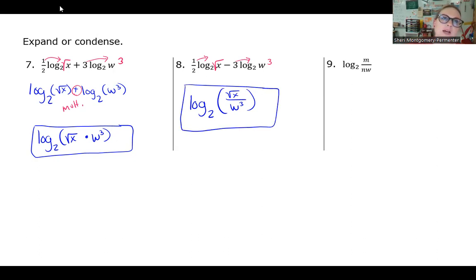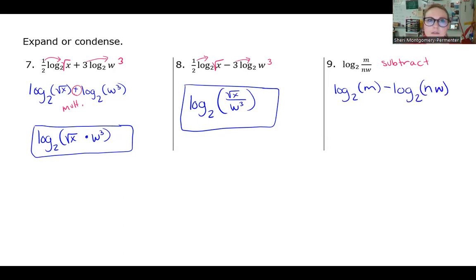Our very last one, we have one log, so we want to expand it. This is dividing. So when you divide, you will subtract. When we split it up, we'll start with log base 2 of the numerator minus log base 2 of the denominator.